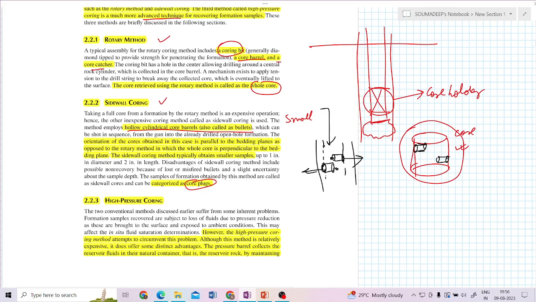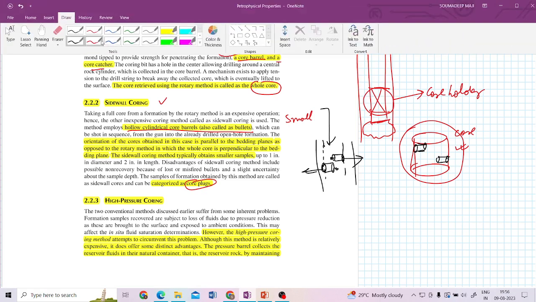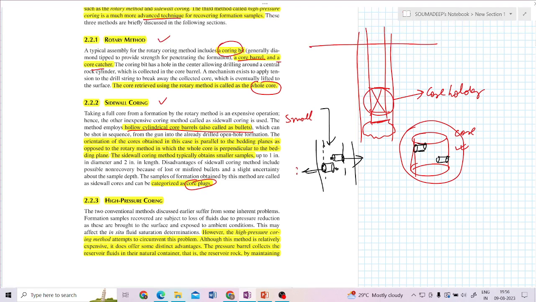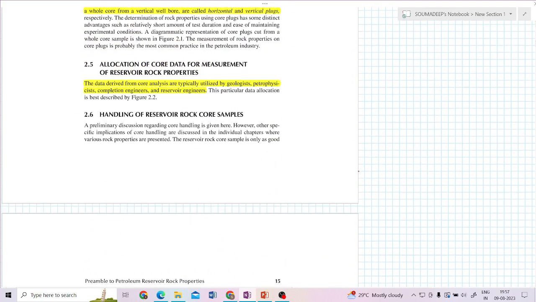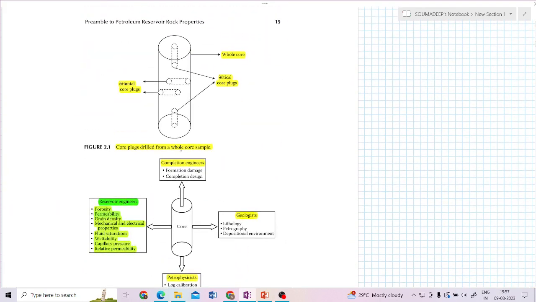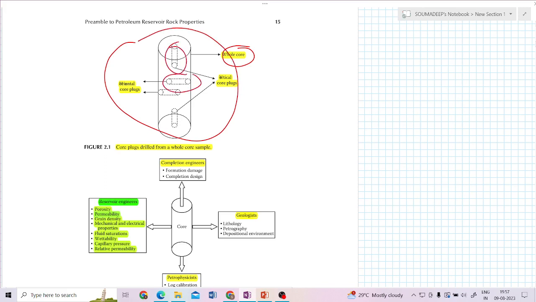There is the formation wall. As it comes out, it penetrates the wall, takes the core, and then returns back and brings the core plugs to the surface. You can see a comparative size of whole core and core plugs. This is the whole core, and these are the core plugs: vertical core plugs, horizontal core plugs.